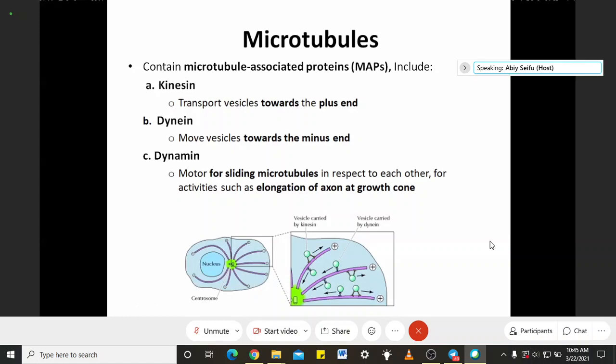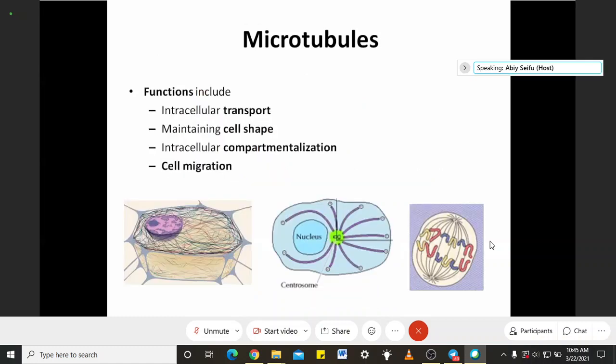During the splitting of cells, we have the genetic material duplicated and then split toward opposite sides. These are carried over mitotic spindles. Mitotic spindles are nothing but microtubules. So that's how they are formed.